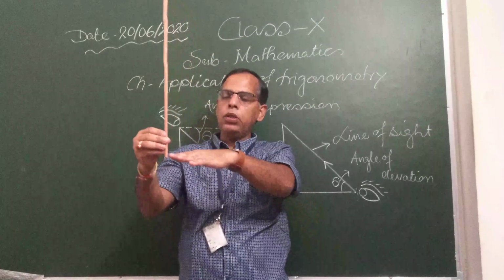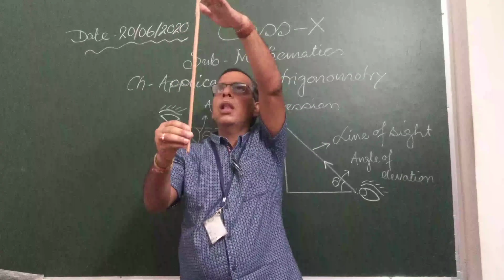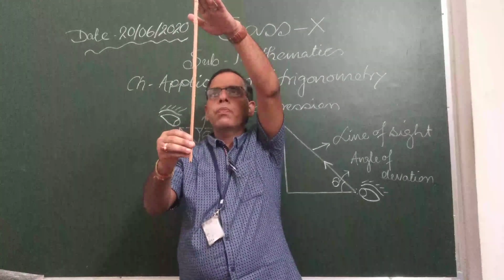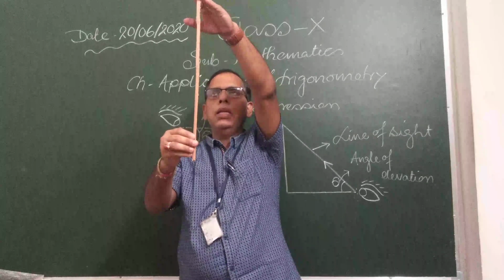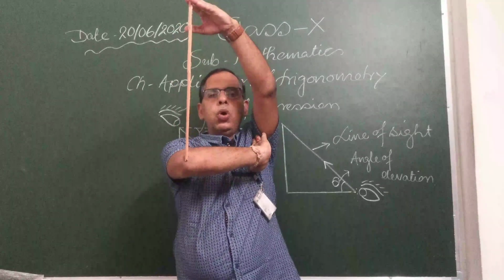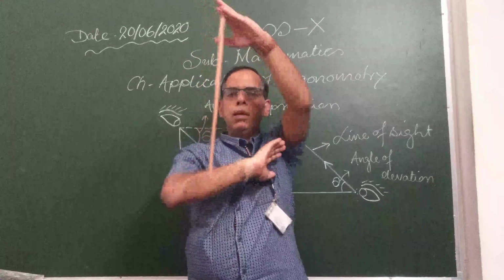I am standing along with the base, and this line is the line of sight, and the angle formed with this line is called the angle of elevation.